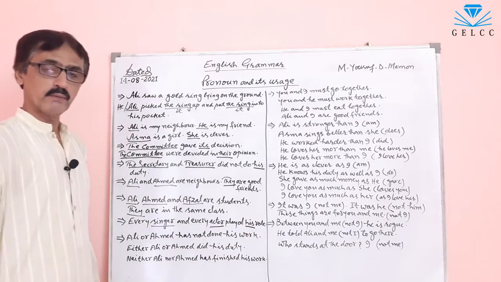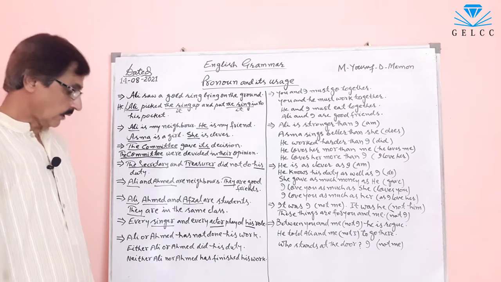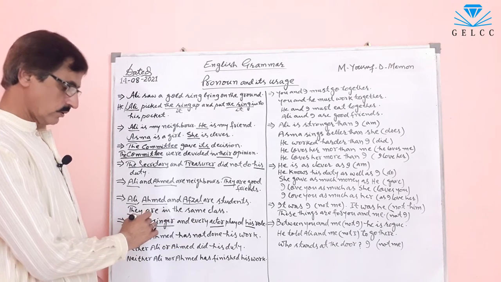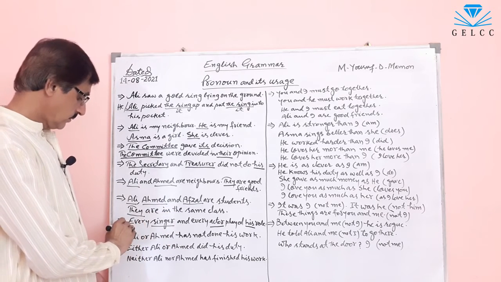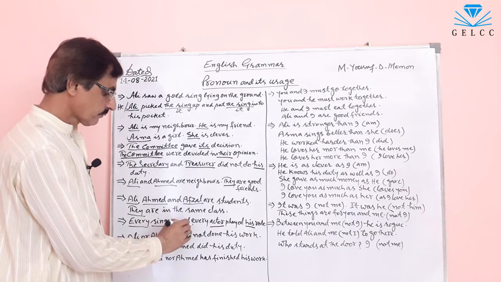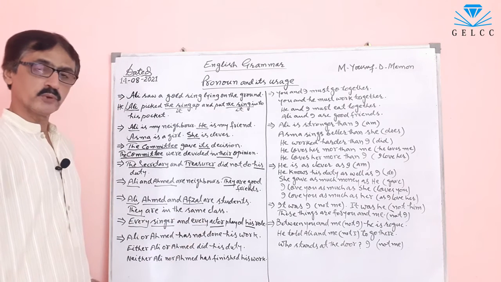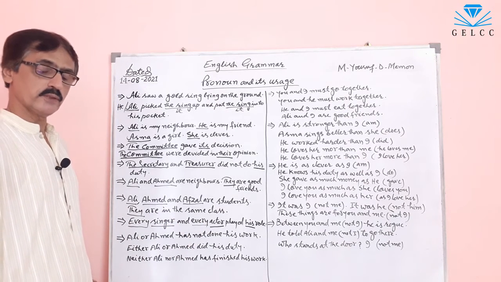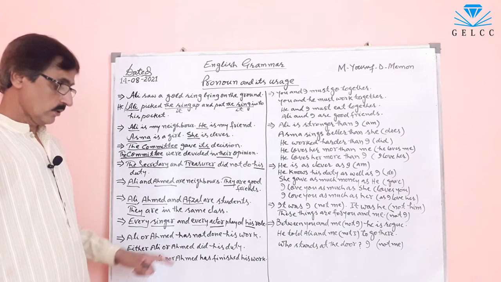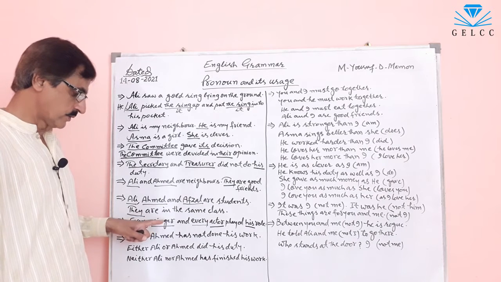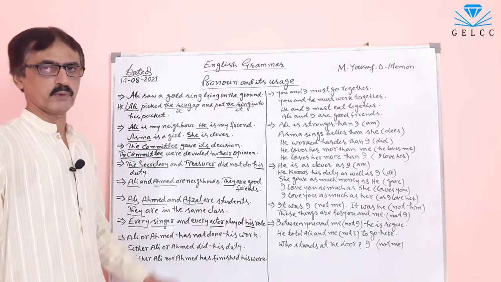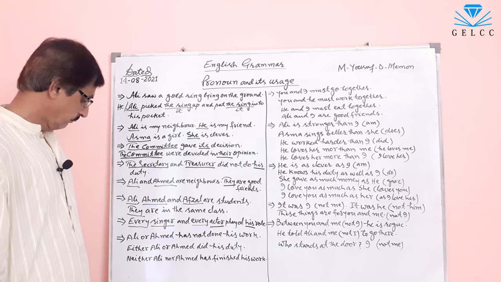His is a singular pronoun. Because these two nouns, no doubt they are joined by and, but there is the word every before both the nouns. If there is the word each or every before the nouns and they are joined by and, we will use a singular pronoun. Understand?